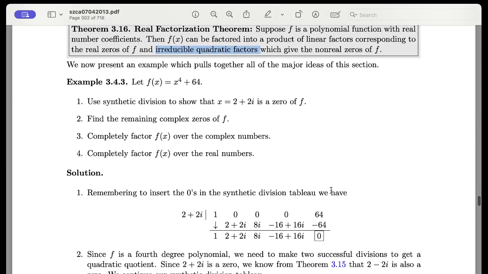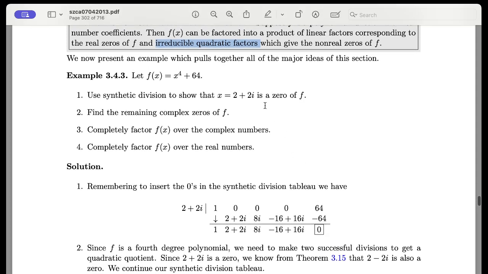So I am not going to follow along with example 3.4 here, but you might want to look it through. I just want to note for you that there's an interesting little thing that they're doing. They're using the synthetic division tableau to divide out a zero of this polynomial, and they're starting with a sort of a guess at what a zero might be, 2 plus 2i.